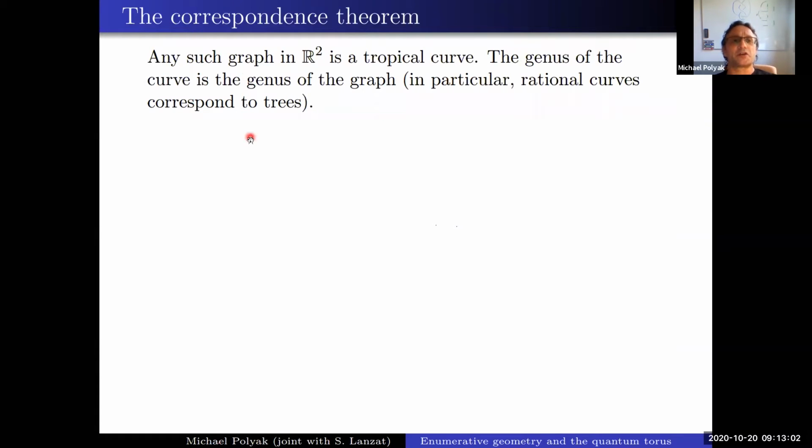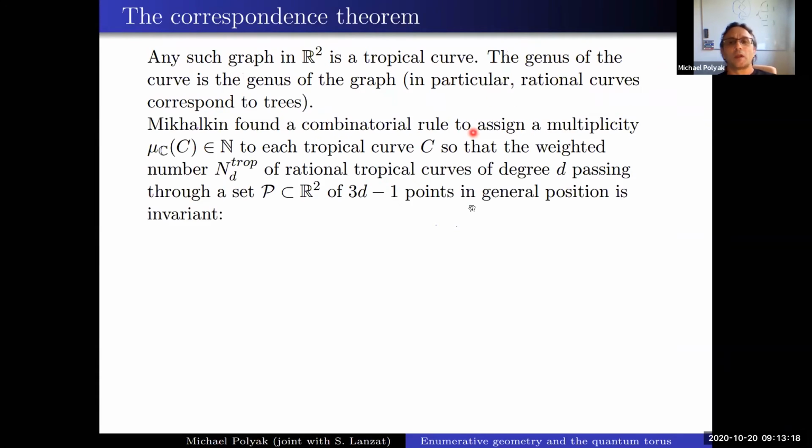So, and any such graph indeed is a tropical curve, and the genus of this curve you can see as the genus of the graph. So in particular, trees correspond to rational curves. So it would be good to count these simple combinatorial objects, these tropical curves, again, say passing through a certain collection of points on the plane. But if you count them naively with multiplicity 1 each one, then you see that it doesn't work.